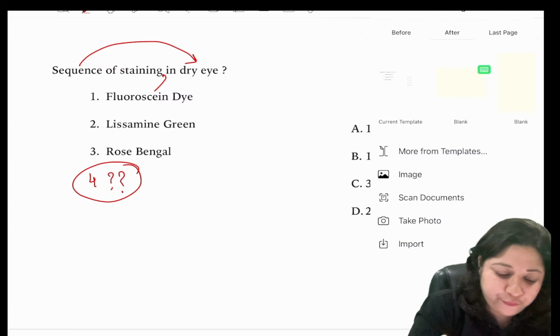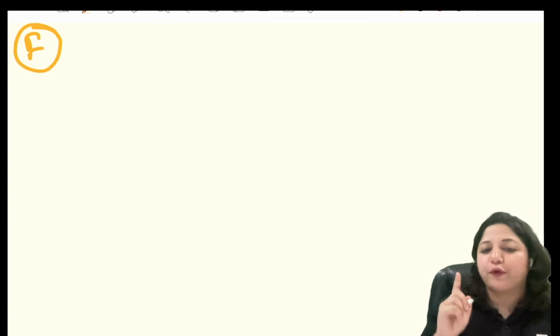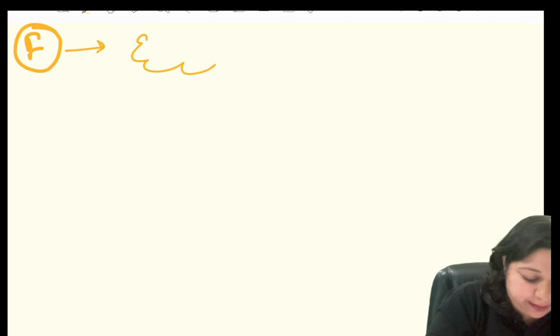So when I talk of fluorescein dye, I will use an orange color. When I'm talking of fluorescein dye, what is the mnemonic that we remember? OBG.